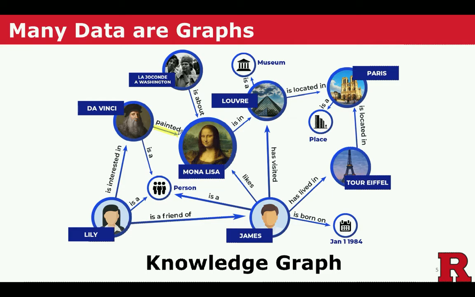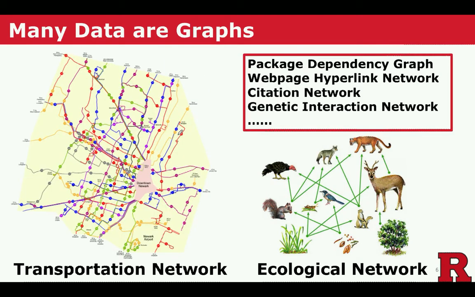This is the knowledge graph that is often used in natural language processing. There are more types of graphs, of course, such as transportation network, ecological network, package dependency graph, web page hyperlink network, citation network, genetic interaction network, and so on.